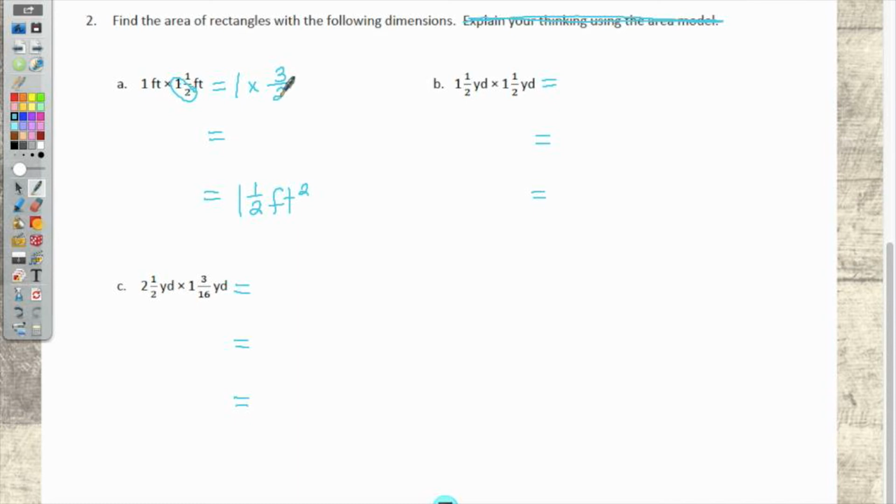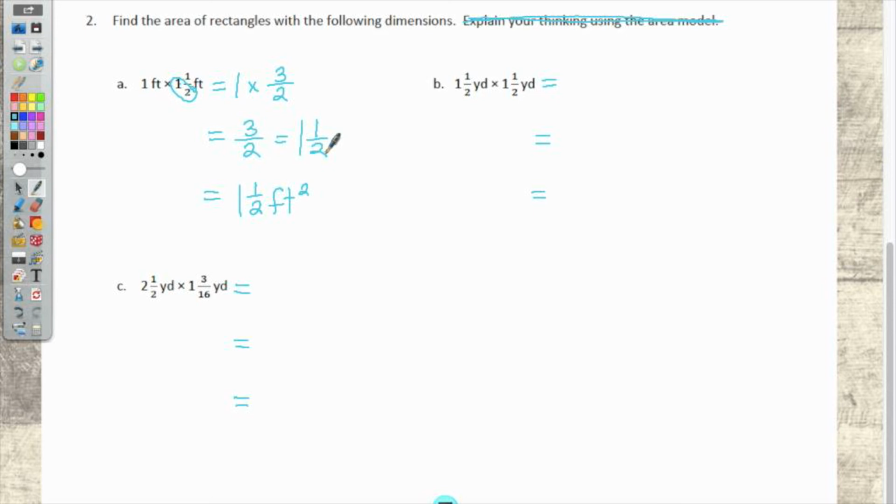So it's 3 halves. Right? Okay, so one copy of 3 halves is 3 halves, which equals 1 1/2. Did we do it right? Yep. Okay. I don't think the next one's going to be that easy.